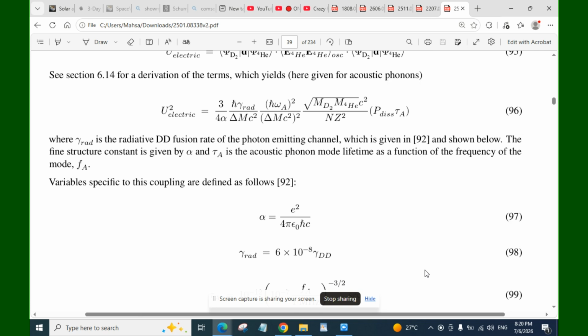The fine structure constant is given by alpha, and tau R is the acoustic photon mode lifetime as a function of the frequency of the mode.